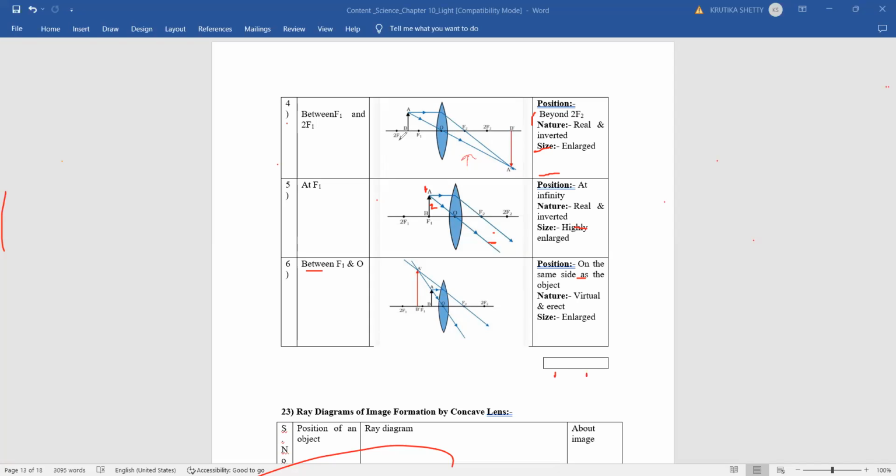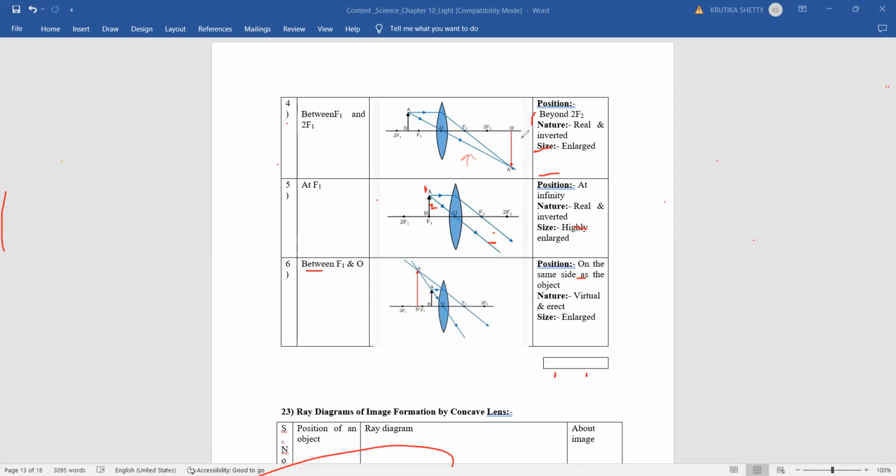The object is in between 2f1 and f1, whereas the image is formed beyond 2f2.